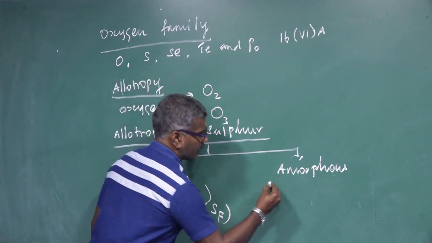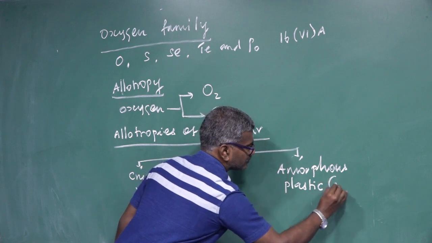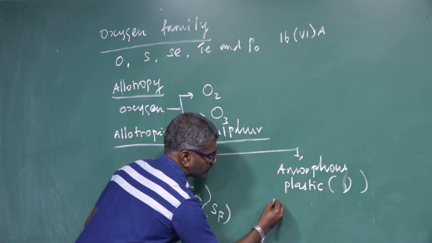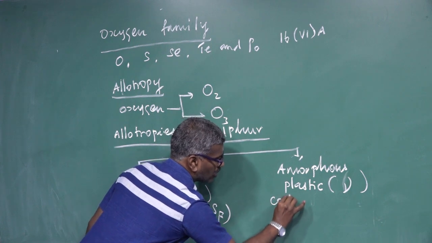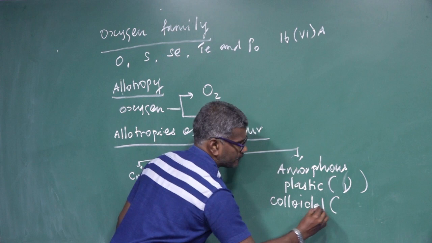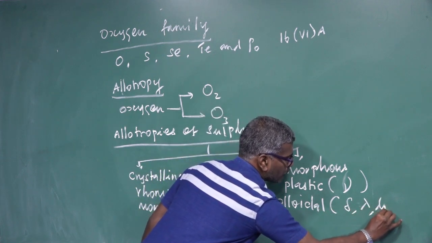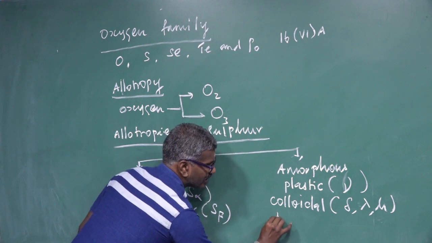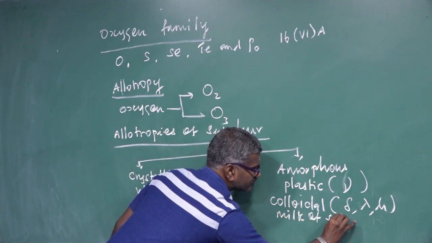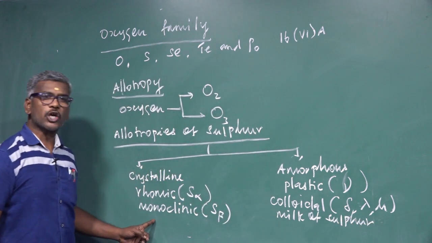Amorphous sulfurs are plastic or gamma sulfur. Another one, colloidal sulfur or delta, lambda, mu. Finally, milk of sulfur. These are the allotropes of sulfur.